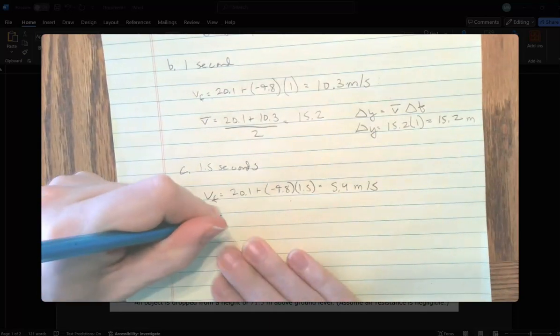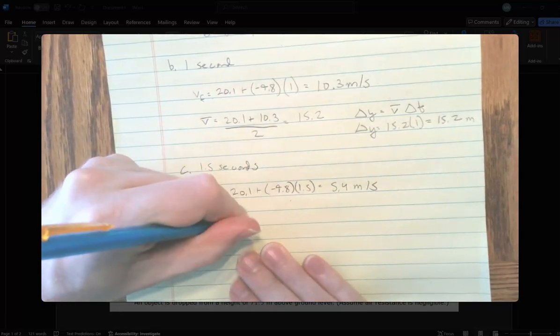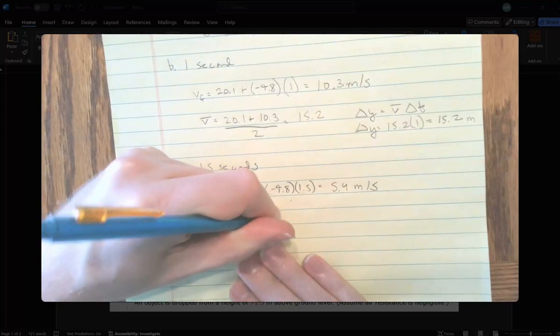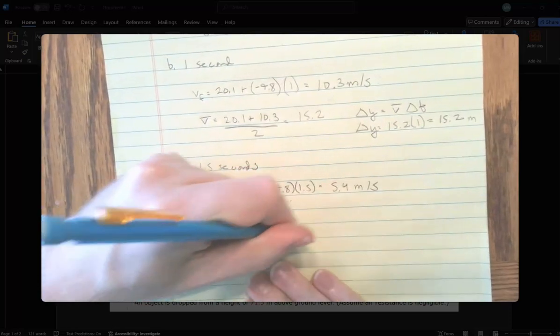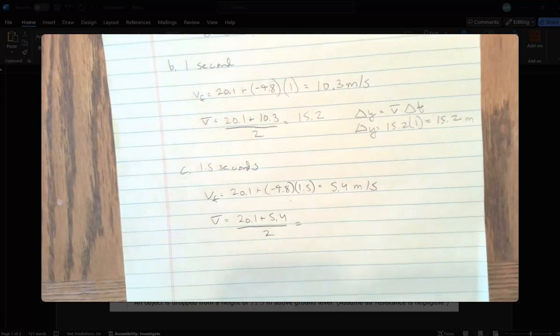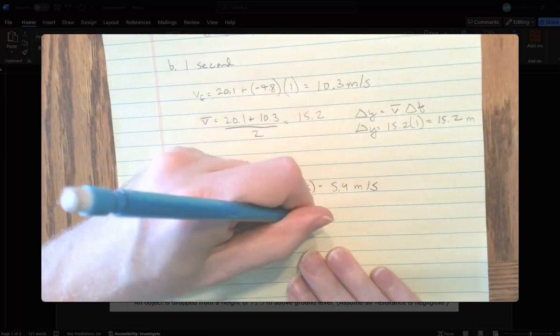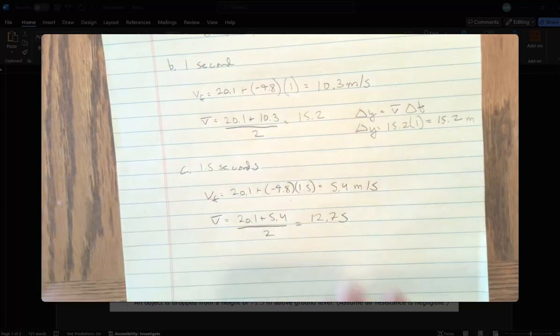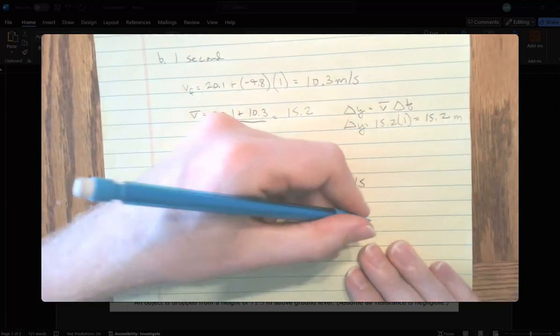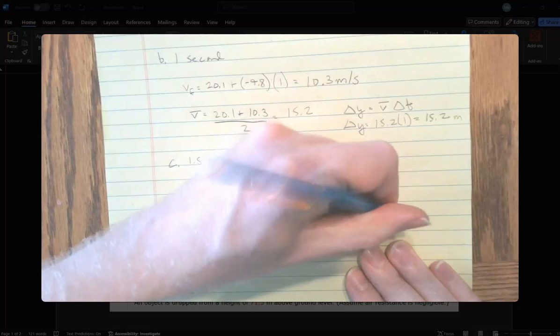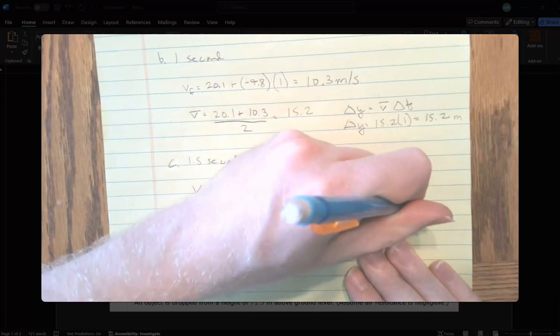And again, my average velocity is going to be my initial velocity plus my final velocity over 2. So we have 20.1 plus 5.4 divided by 2. My average velocity is going to be 12.75, which again, my change in position is going to be my average velocity times the change in time.